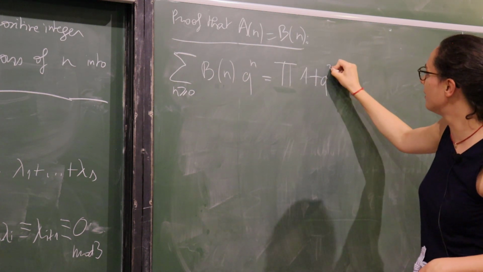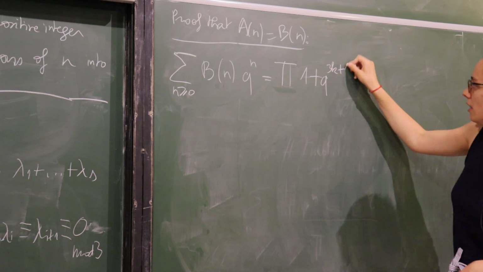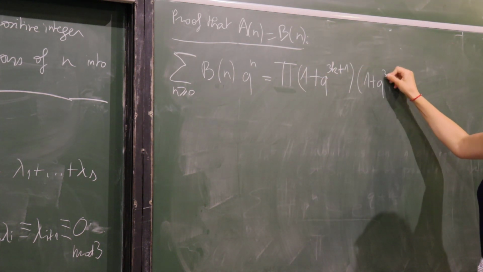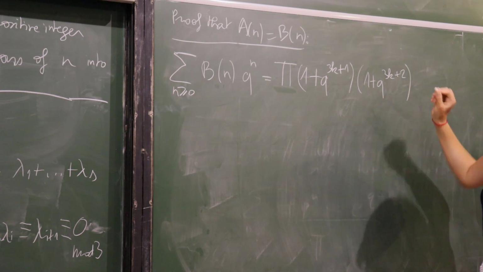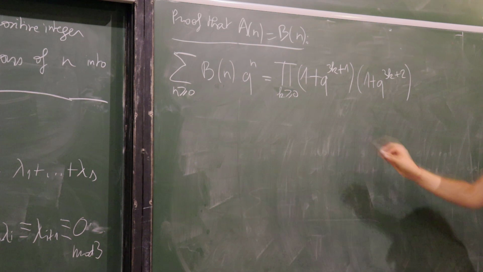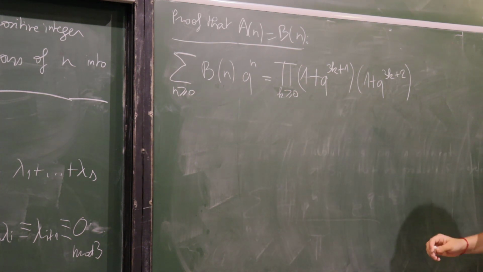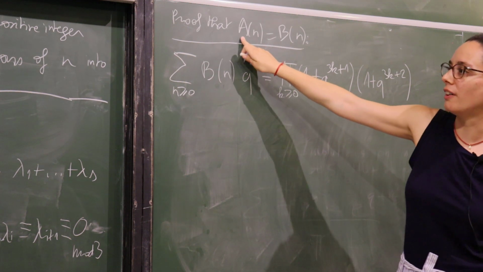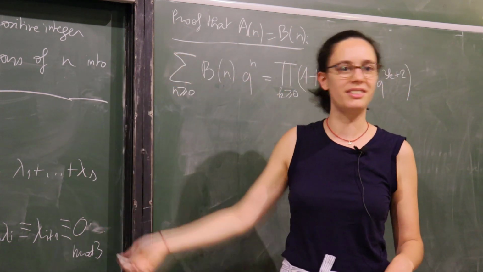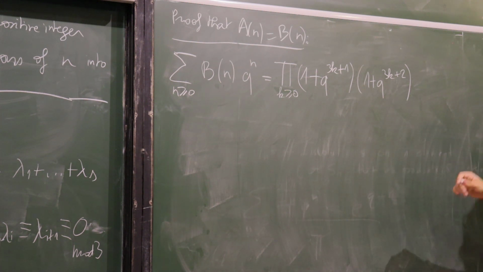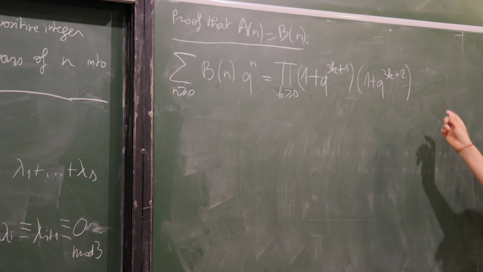So it's the product of (1 + q^(3k+1))(1 + q^(3k+2)), for k non-negative. And the generating function for A of n, you also know it from a lot of things we have said, so that's 1 over (q;q^6)(q^5;q^6).